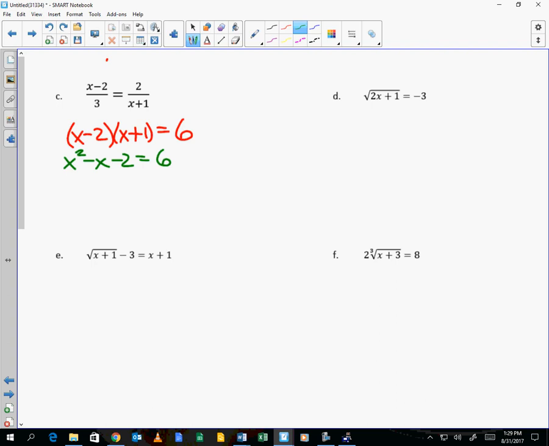Let's bring the 6 over. X squared minus x minus 8. Does it factor? No. If it doesn't factor, what are our options? Quadratic formula or complete the square. Completing the square is the same thing as the quadratic formula. Sometimes it's a little bit quicker.